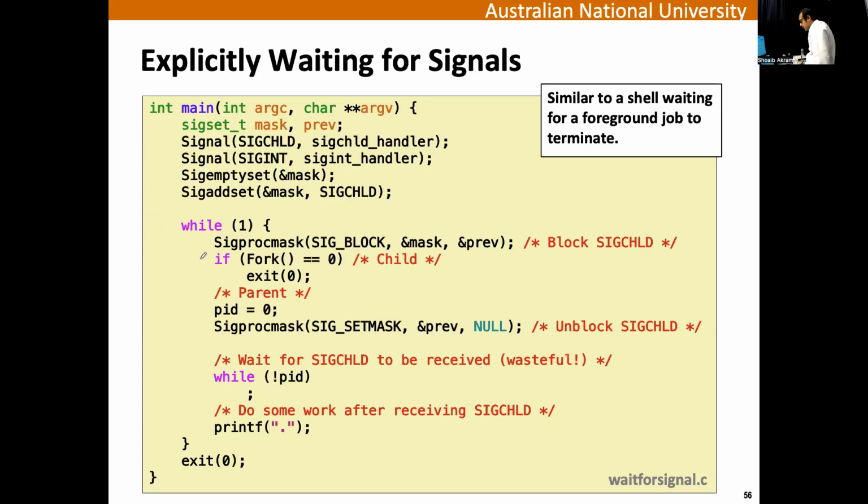So sometimes when you're writing a shell and other utilities, what you can do is you fork a child, and you then wait in a while loop for the child to terminate.